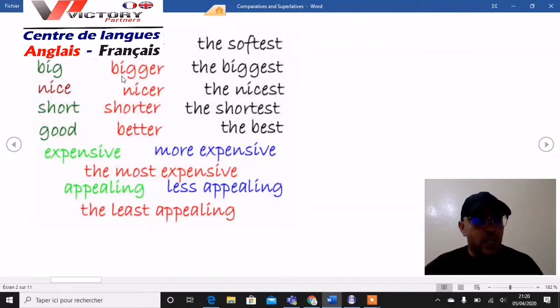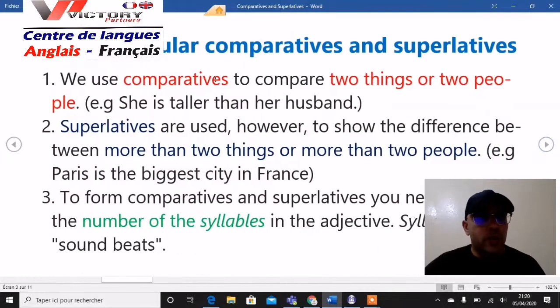Here you can see some examples of adjectives in comparative and superlative form. So, how to form regular comparatives and superlatives. We use comparatives to compare two things or two people. Here we make a comparison between two people or two things. You have got an example here.